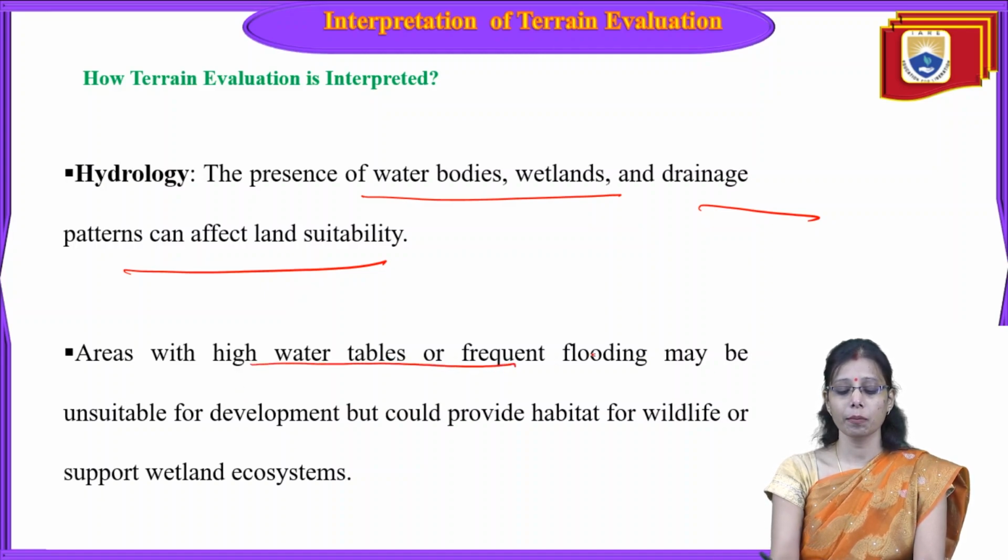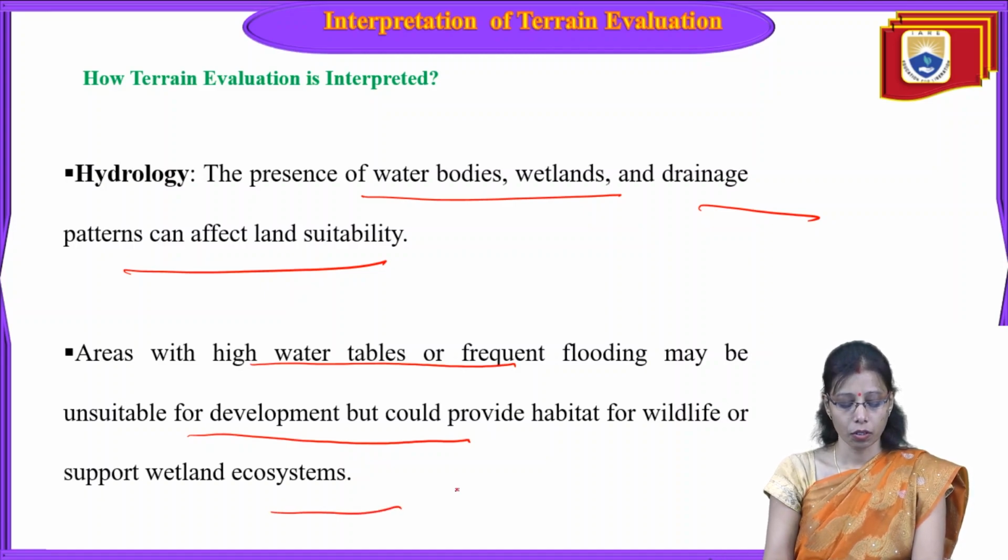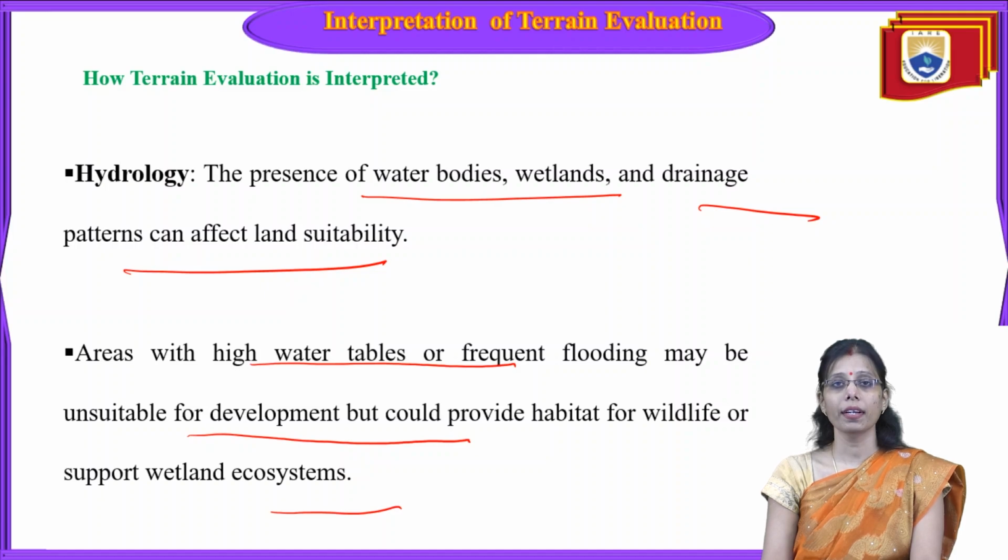Areas with high water tables or frequent flooding may be unsuitable for development, but could provide habitat for wildlife or support wetland ecosystems. Areas with high water tables means the groundwater level will be high, so it has very low capacity to absorb water, because water is already present under the ground.